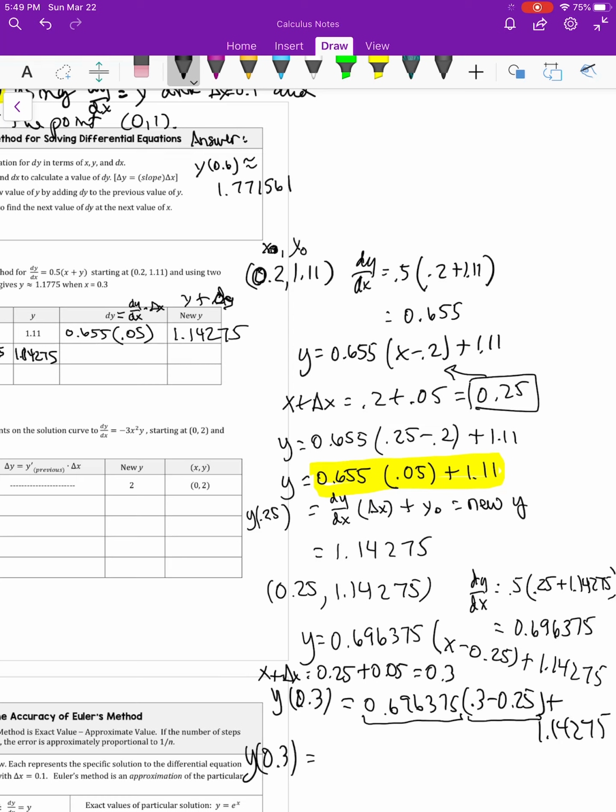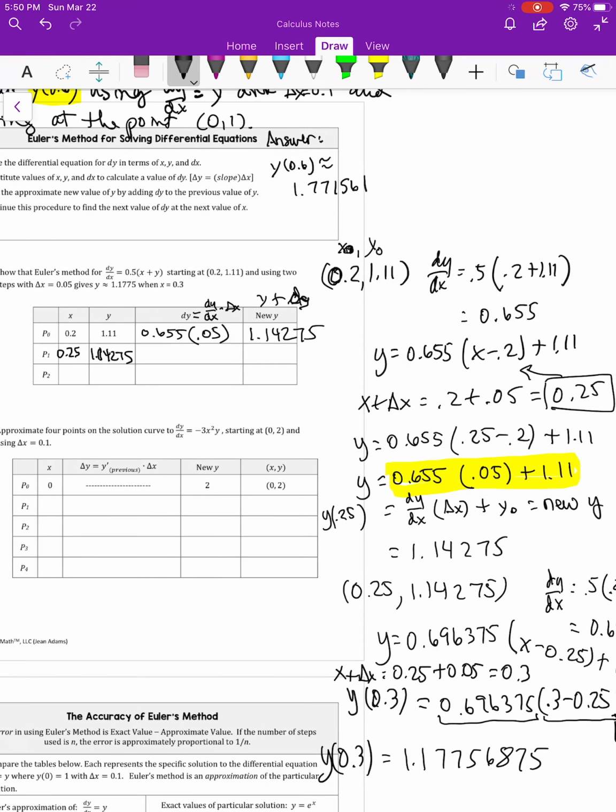Our dy dx times our delta x is what they're asking you to put into this problem right here. And then add on your y value. And so I got 1.17756875 for my new y value.